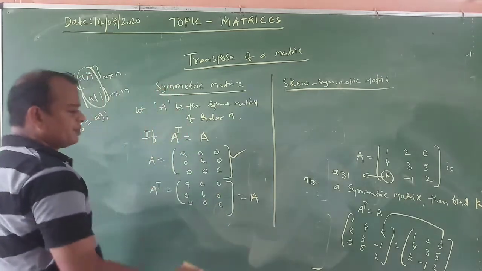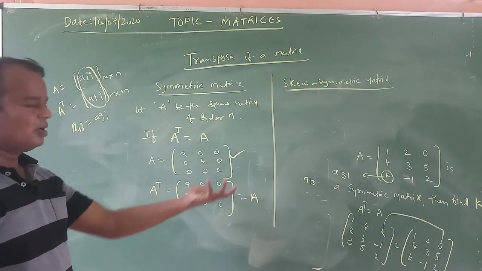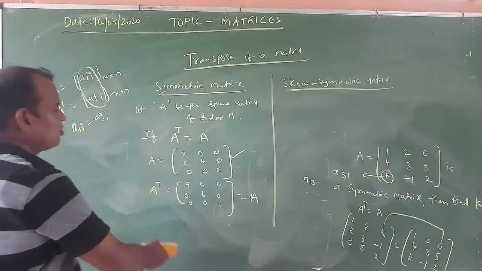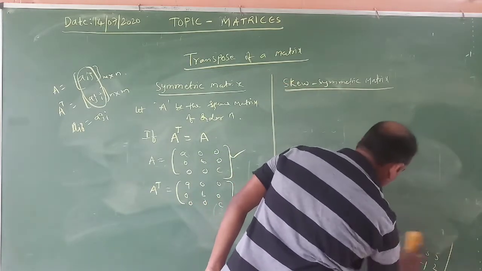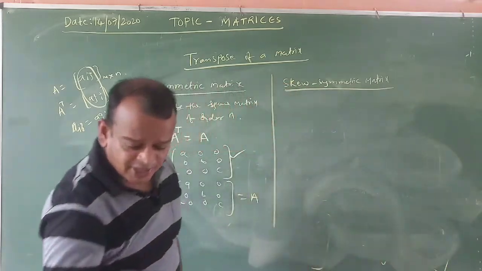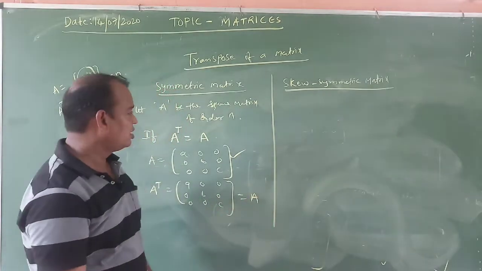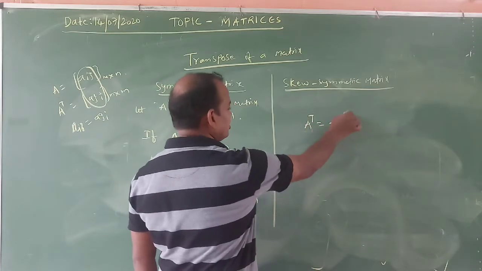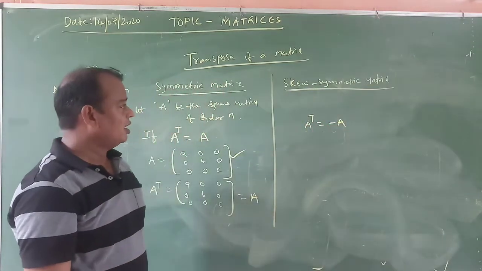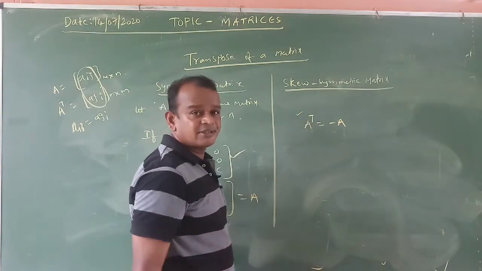Okay, understand? This is the symmetric matrix definition, example and property. Next, we go to the skew symmetric matrix. A is a square matrix of order n. If A transpose is equal to minus A, then the square matrix A is called a skew symmetric matrix.